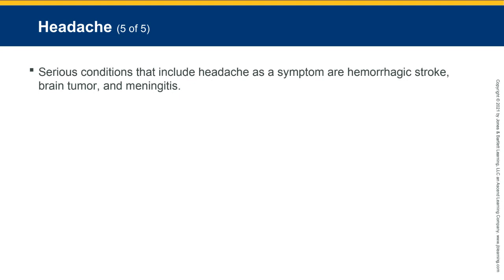The covering can be inflamed, that's meningitis, and it can cause headache. A patient with meningitis will also have visual issues, and they're going to have issues moving their neck back and forth. It's going to hurt when they do that.